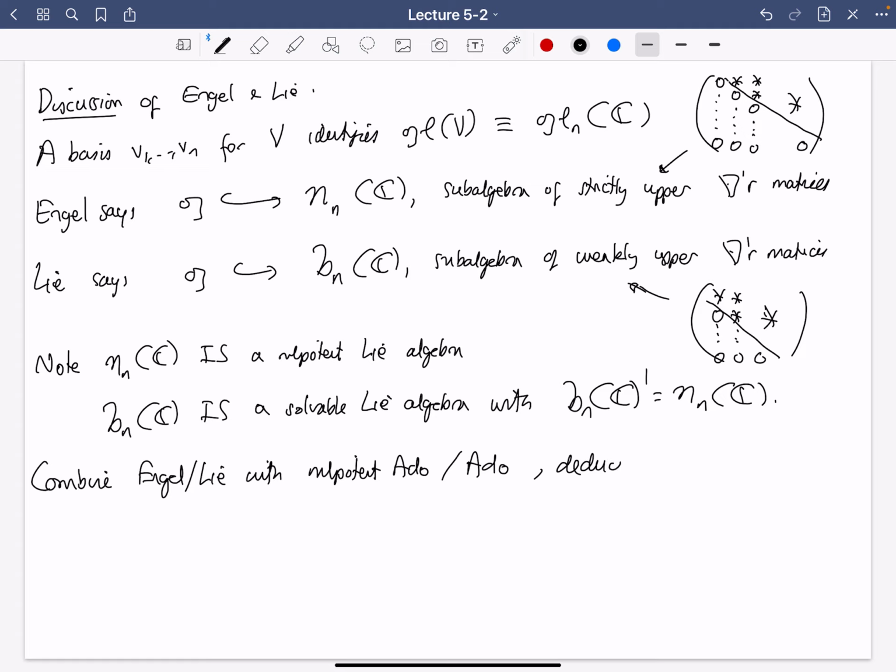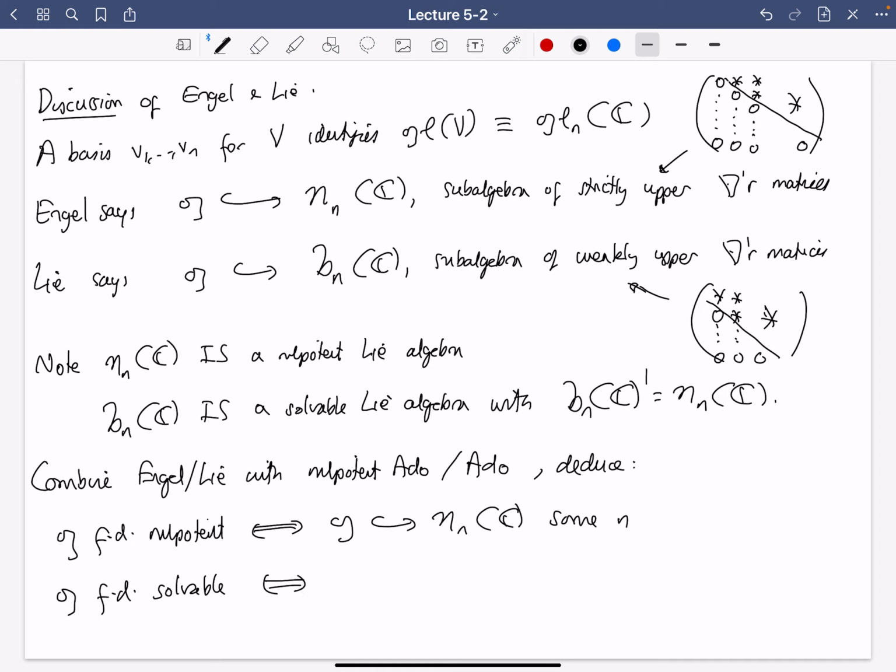And when you do that, you deduce that any finite dimensional nilpotent Lie algebra embeds into N_n(C) for some n, and conversely, and similarly, any finite dimensional solvable Lie algebra embeds into B_n(C) for some n.